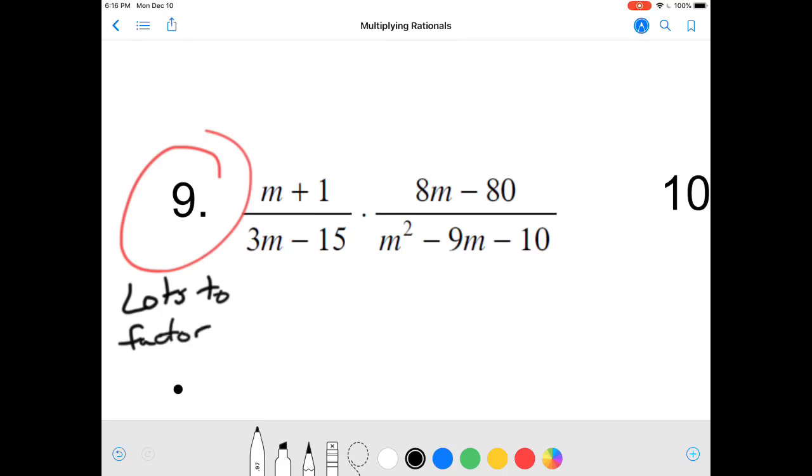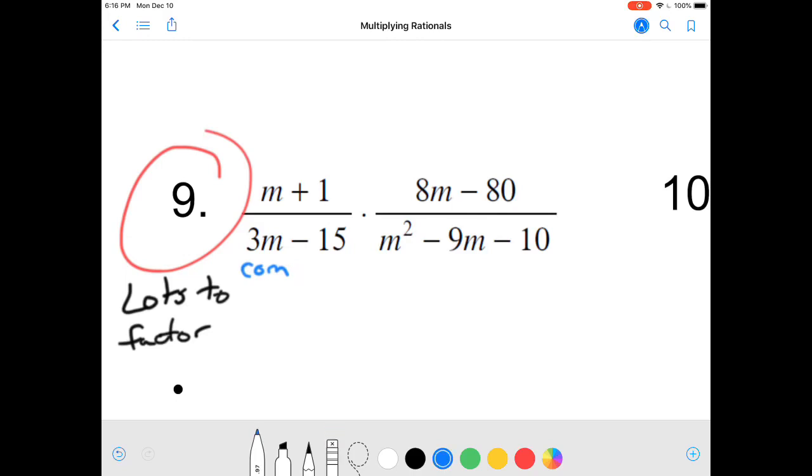We have a numerator that we can take out a common factor, a denominator where we can take out a common factor, and a denominator that needs to be snowflaked. Luckily, m plus 1 is already in its simplest form, so we don't have to touch that.